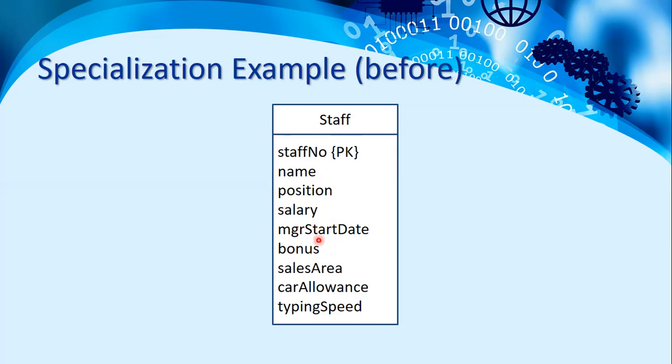Now, let's say we're going to create a table for this entity, and we're going to fill it up with all members of the staff, the employees mentioned in the previous examples. Let's say we're going to list them down in a table.